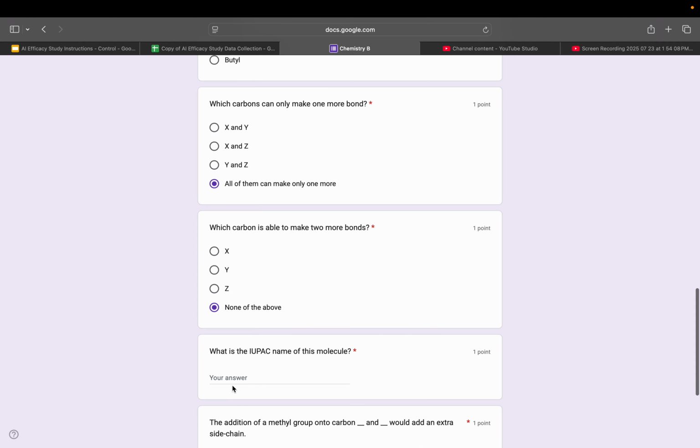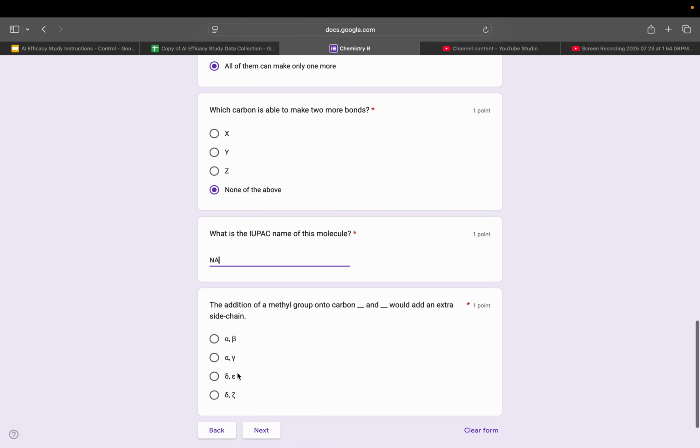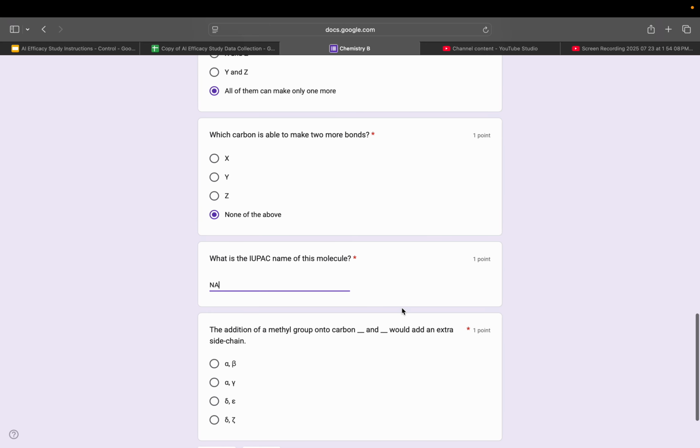IUPAC name, I can't even. I just know that there's something called benzene rings. The addition of a methyl group onto carbon dash would add an extra side chain. A methyl group, a side chain. What is a side chain?